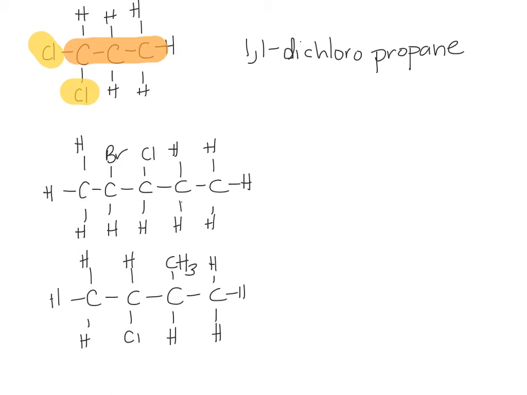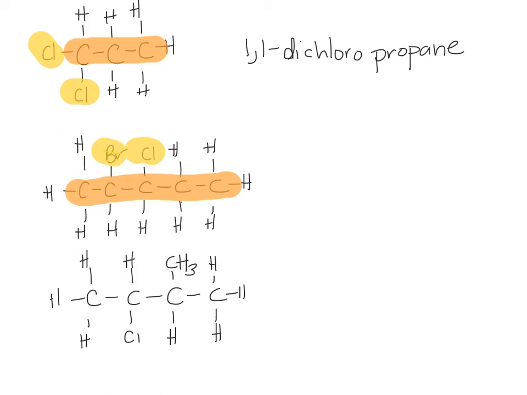Now, if we look at the next diagram, we have 2 halogens. We've got a bromine and we've got a chlorine. So bromine is alphabetically first, so it's going to take priority. And our longest continuous carbon chain is 5.